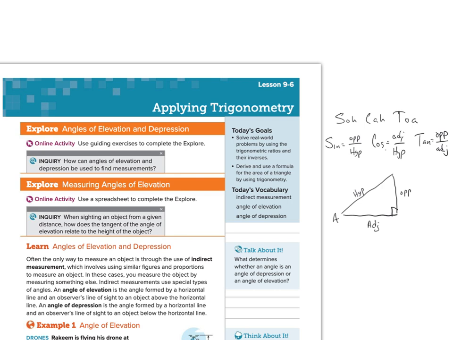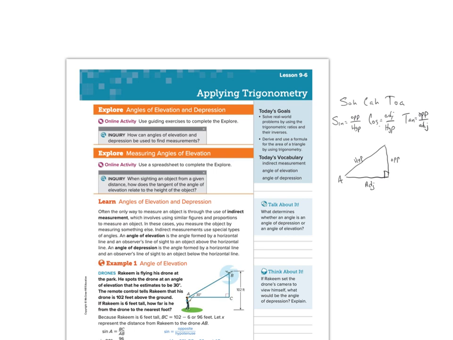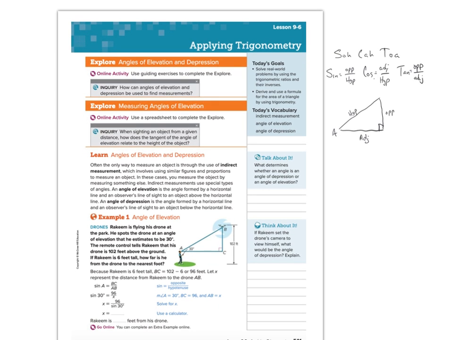Now, when we start applying trigonometry, we need to understand some of the words. The first thing they talk about is the angle of elevation and angle of depression.